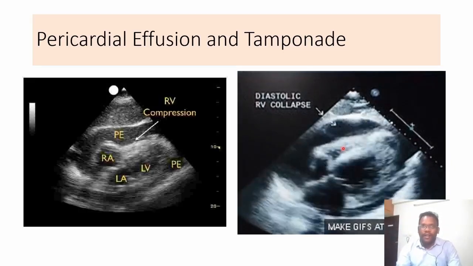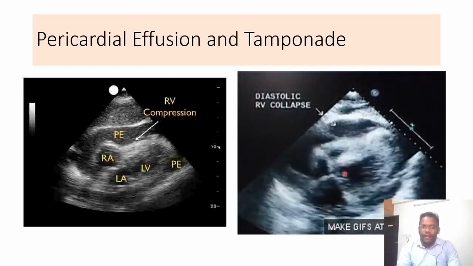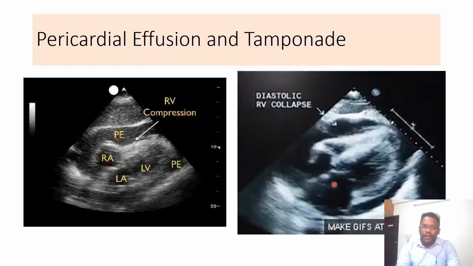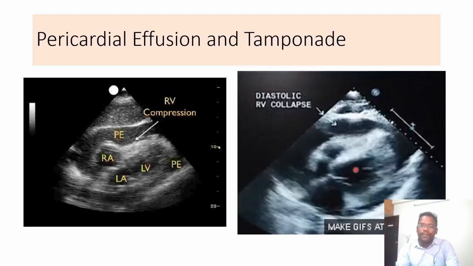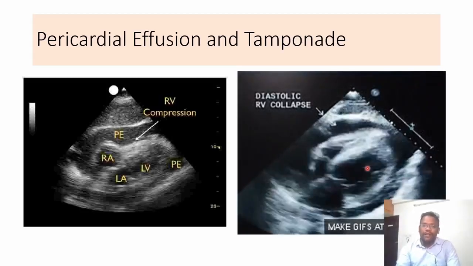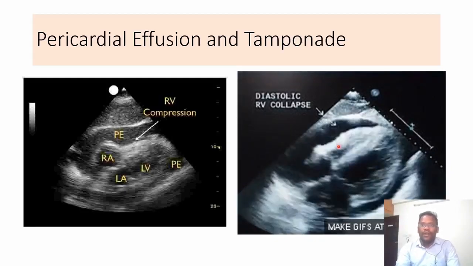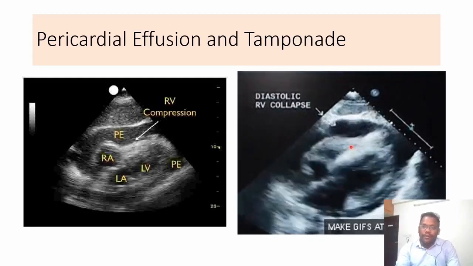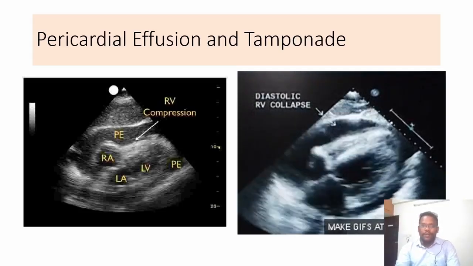To check that, freeze the echo scan and trace the timeline for the mitral valve opening, followed by left ventricle diastole, and the left ventricle diastole correlates with the right ventricle diastole. So we can easily say whether the collapse is happening during systole or diastole.